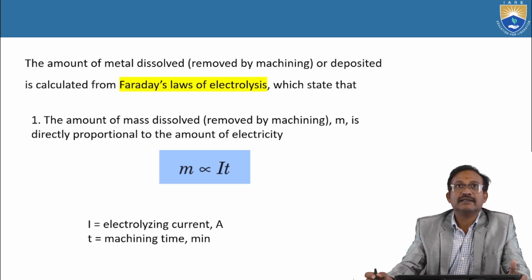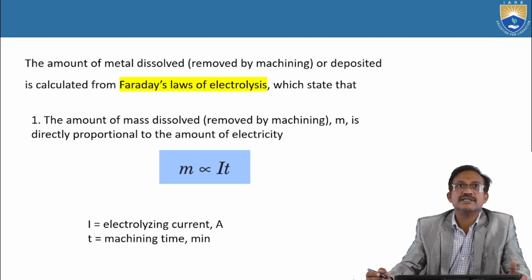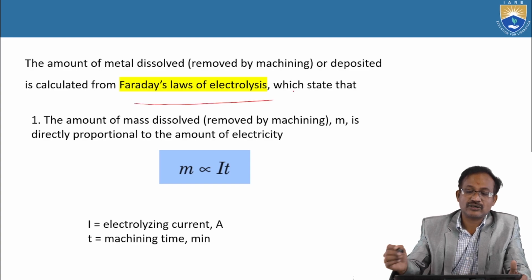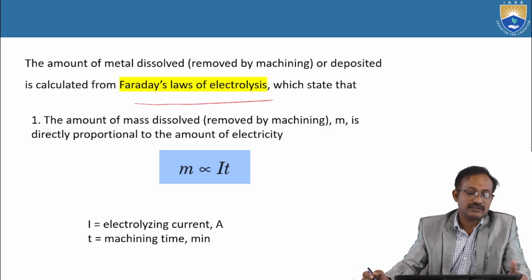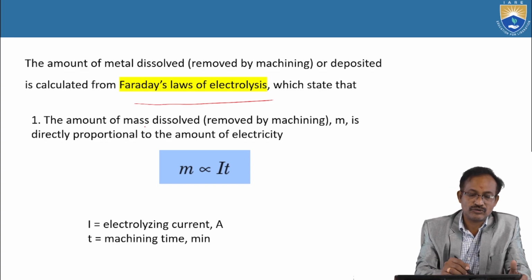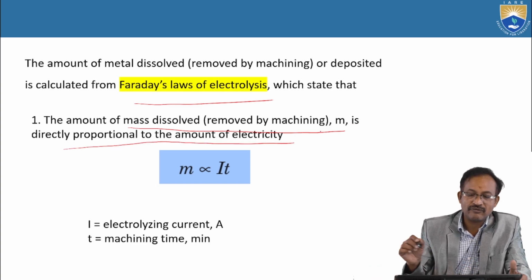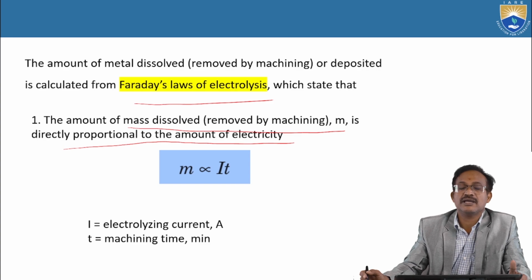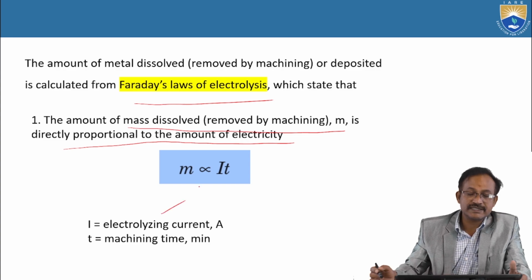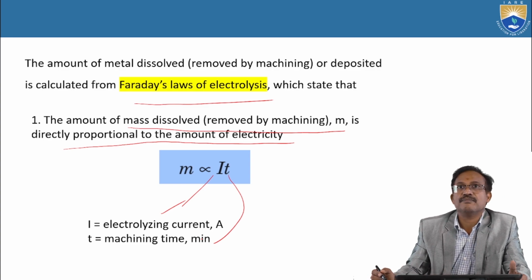The amount of metal dissolved, that is removed by machining, or deposited is calculated from Faraday's laws of electrolysis, which state that number 1, the amount of mass dissolved, m in kg, is directly proportional to the amount of electricity, that is I and T, where I equals electrolyzing current in amperes and T equals machining time in minutes.